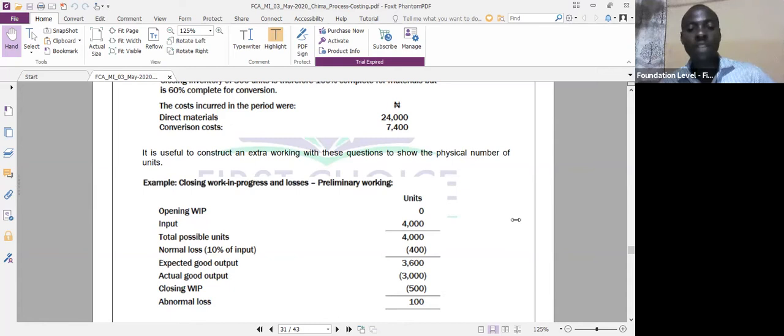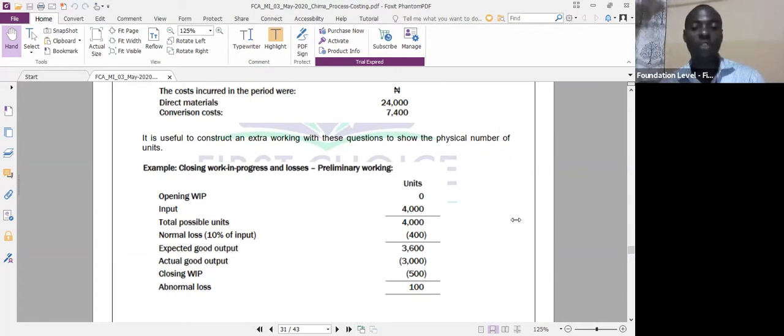But when we counted, we have 3,000. There's something wrong. We now look at our closing stock. We have 500 remaining, closing work in progress. So the 100 is an abnormal loss. So that's it, the abnormal loss is 100.